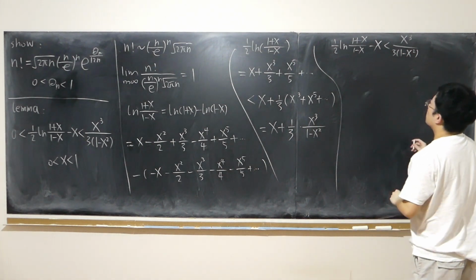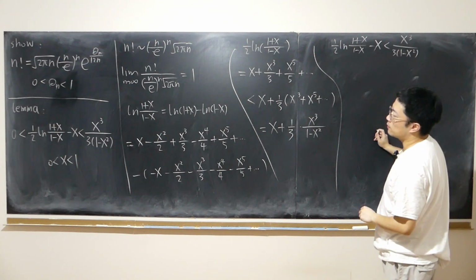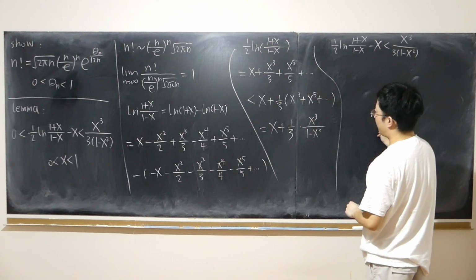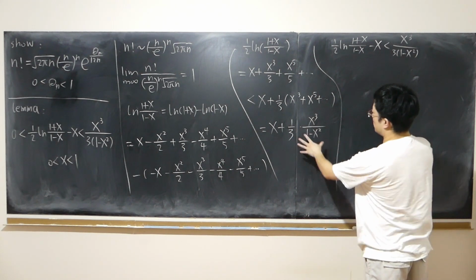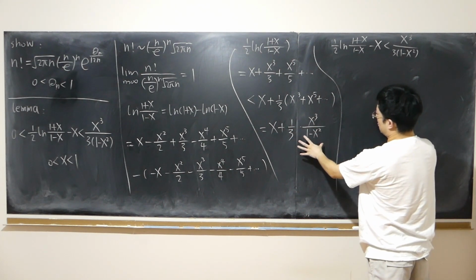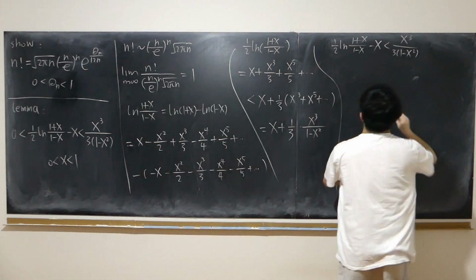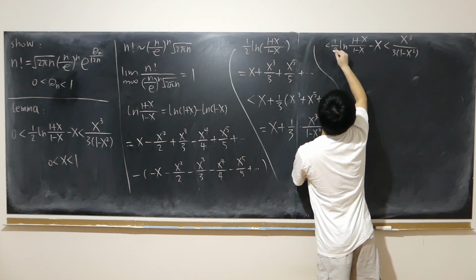Right. So at the same time, is it bigger than 0? If we subtract x, is this part bigger than 0? Yes, of course, because x is between 0 and 1, obviously.